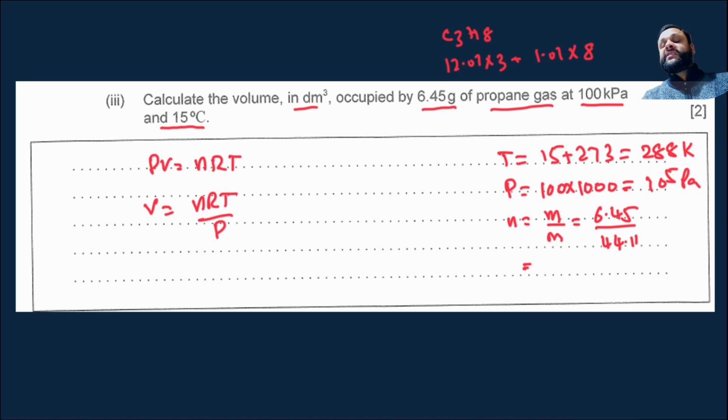If I solve this, moles of gas will be 0.146. Let's substitute these values in the equation. 0.146, R is the gas constant, its value is 8.31, given in section 2 of the data booklet, times temperature 288, divided by pressure 10 to the power 5.